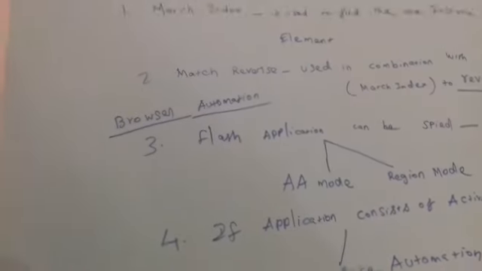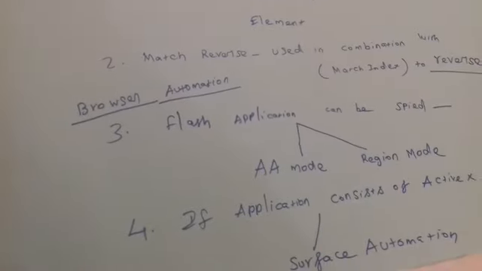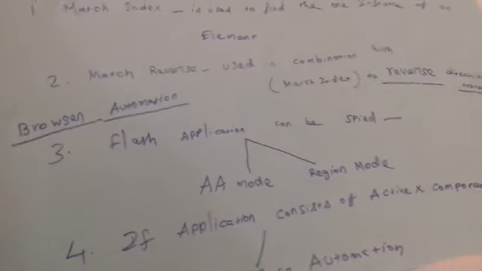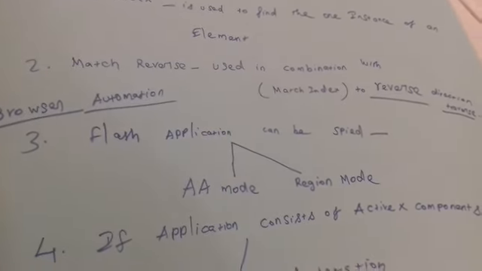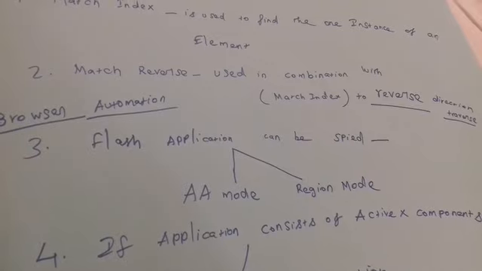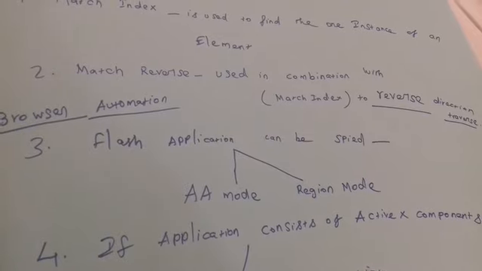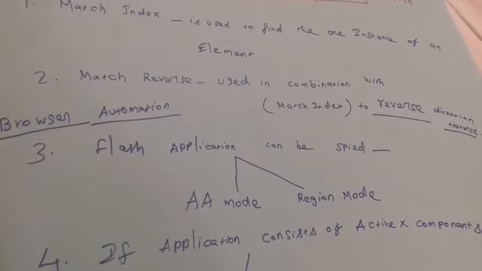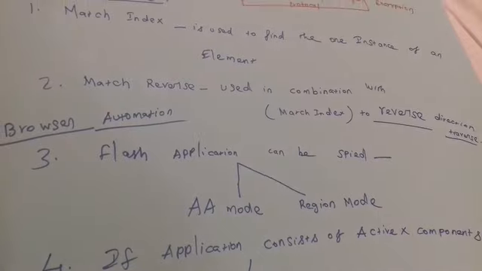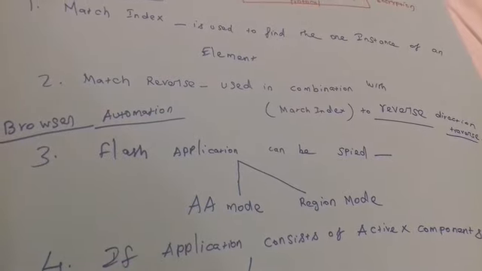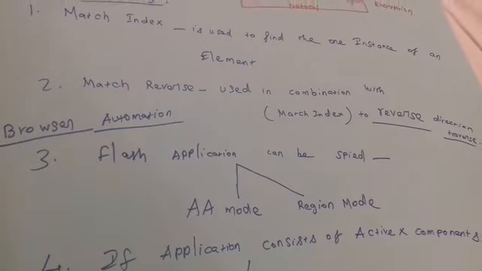When you go for browser automation, if you go with a Flash application, first you have to keep in mind to go with A mode, or else the second level is region mode.